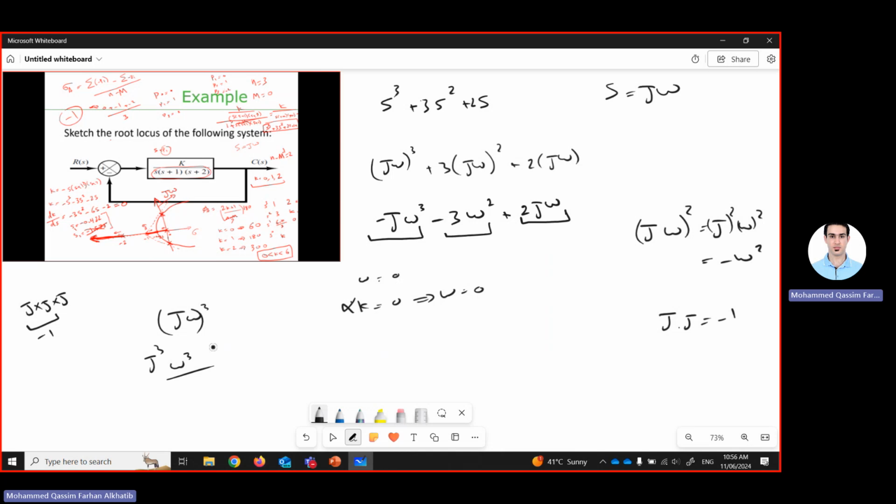Now let's try the other case, which is k equals what? 6. So it was plus 6, just the same thing, plus 6. Now my real part, at k equals 6, what will I get? What will be the value of omega?